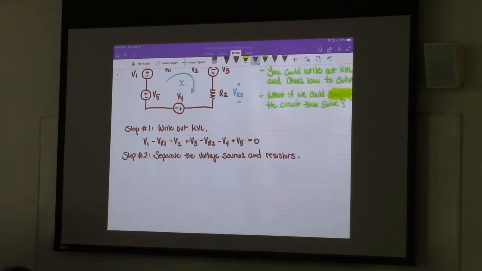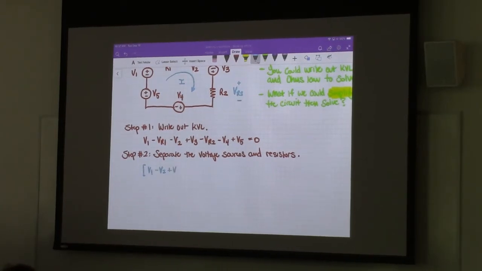And so what we'll end up with is something that looks like this. V1 minus V2 plus V3 minus V4 plus V5, and then I'll have minus VR1 minus VR2 equals 0.